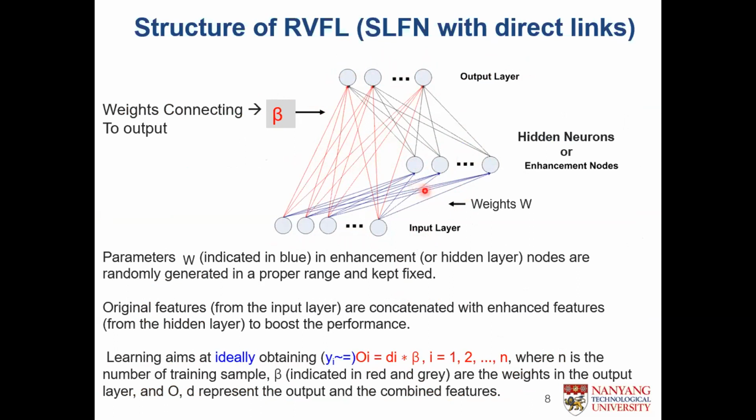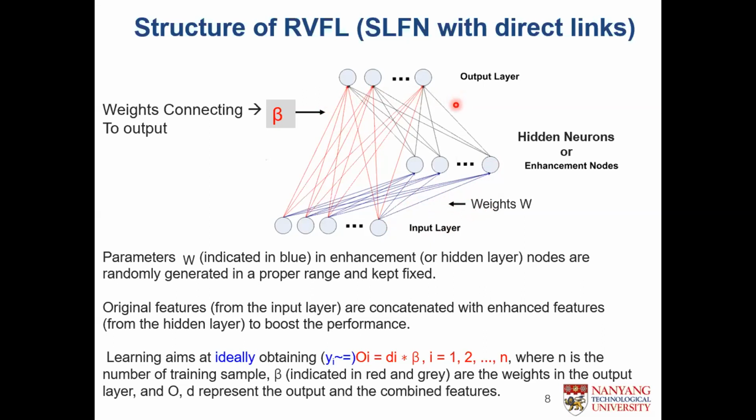The connection weights between the input layer and the hidden layer are randomly generated and kept fixed. This is what we call the randomization. These connection weights are randomized and kept fixed. No training for these weights.